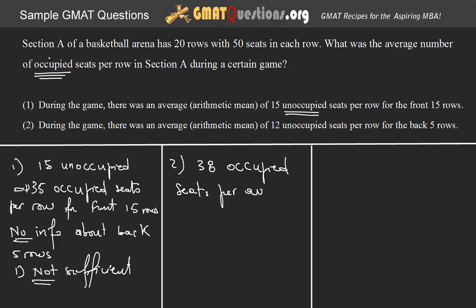Per row, because we have 50 in each row. So, as I said, no info about the front 15 rows.